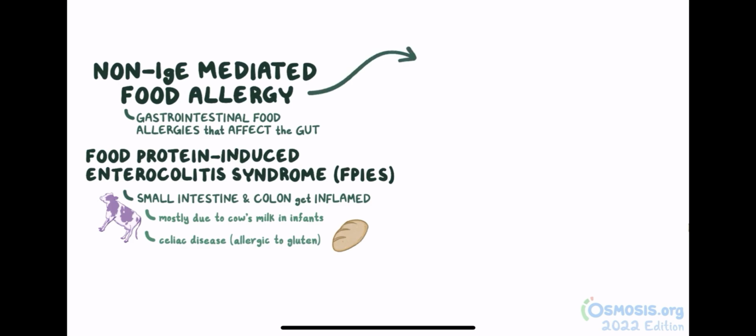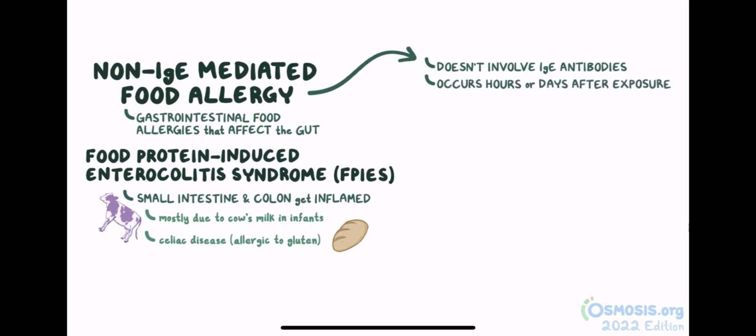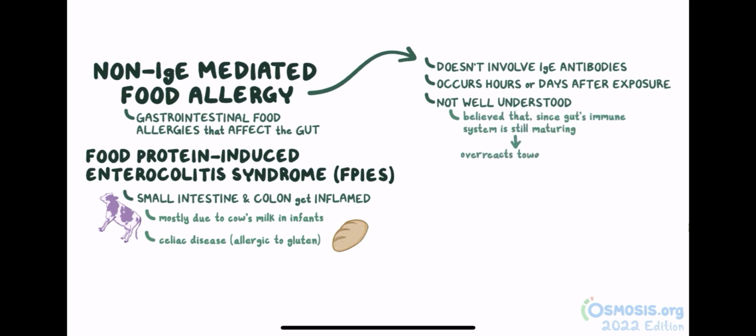Non-IgE mediated food allergy doesn't involve IgE antibodies, obviously, and typically it occurs hours or days after the exposure. The way non-IgE mediated food allergy works is still not well understood, but it's believed that since the gut's immune system is still maturing early on, it tends to overreact towards some food proteins, like the ones found in cow's milk.